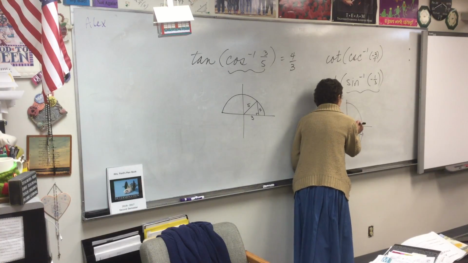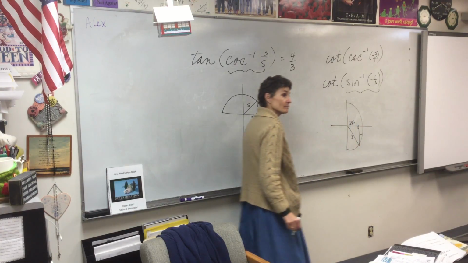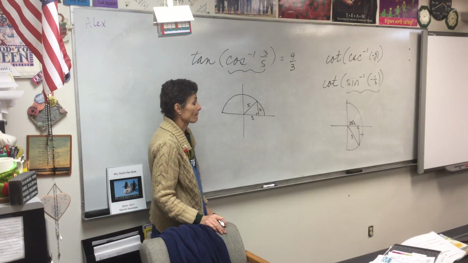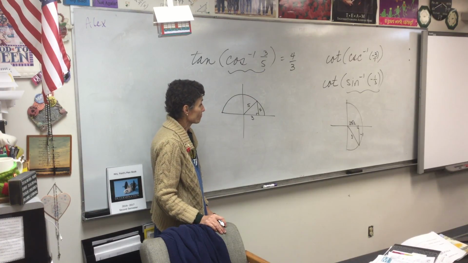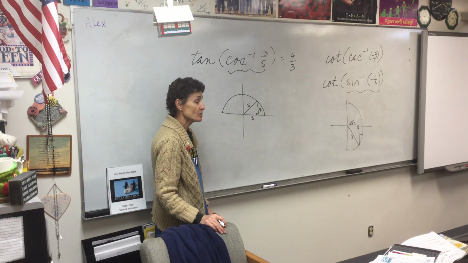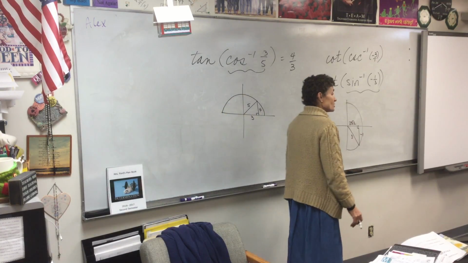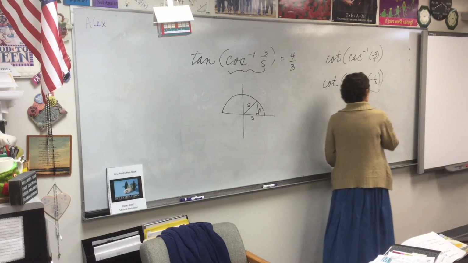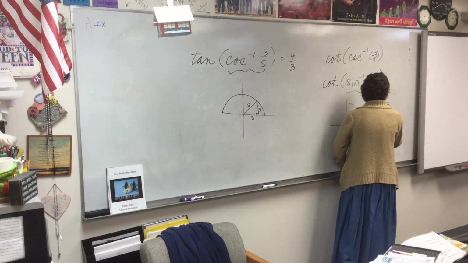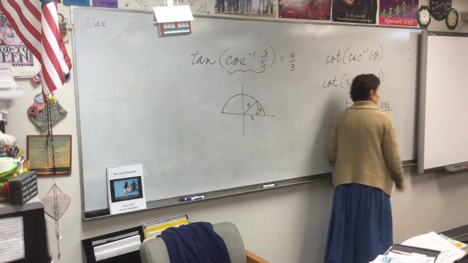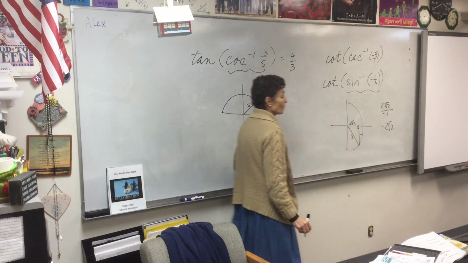So it's 2√2. Positive. Cotangent. I'm hearing it. Adjacent over opposite. So 2√2 over -1, or -2√2, is the answer to the question.